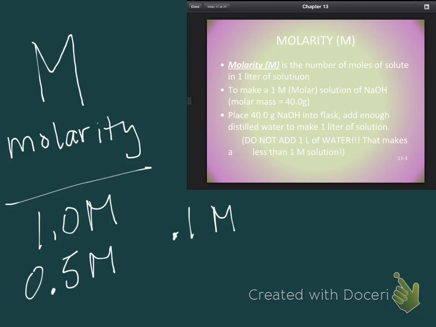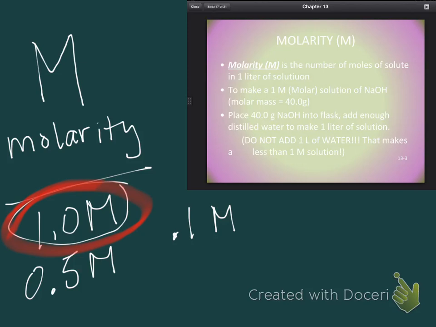All right, so which of those 3 is the most concentrated? What does your gut tell you? What's your intuitive sense? 1 molar? Anybody want to vote with that? Are you checking to commit to a position? Yeah, the 1 molar solution is the most concentrated.